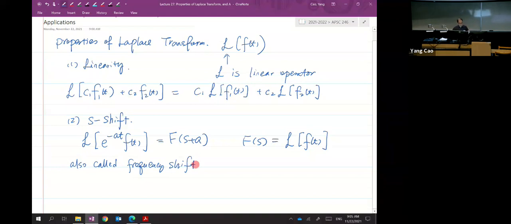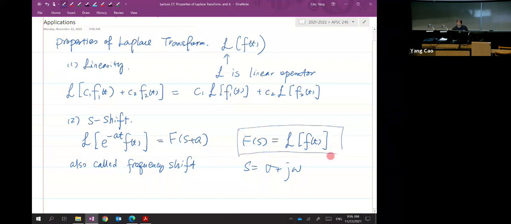Because usually we call s a complex number, sigma plus j omega. If sigma is 0, then you're left with j omega. That omega is actually considered as the frequency. So s plus a is like you have a shift of frequency. So what you need to be clear about in the relationship right here is, what is capital F of s?